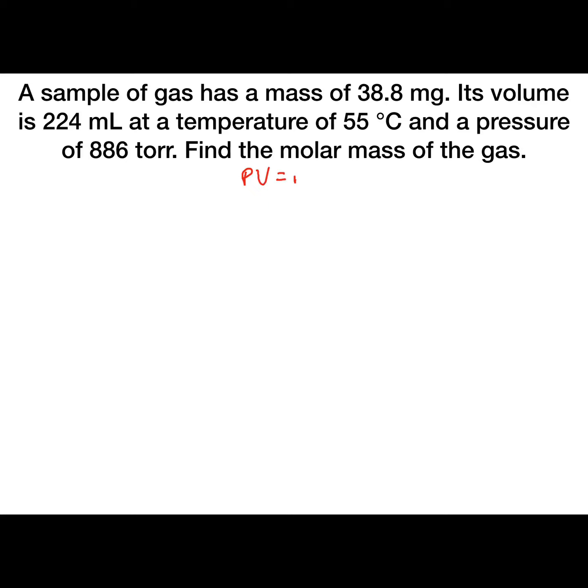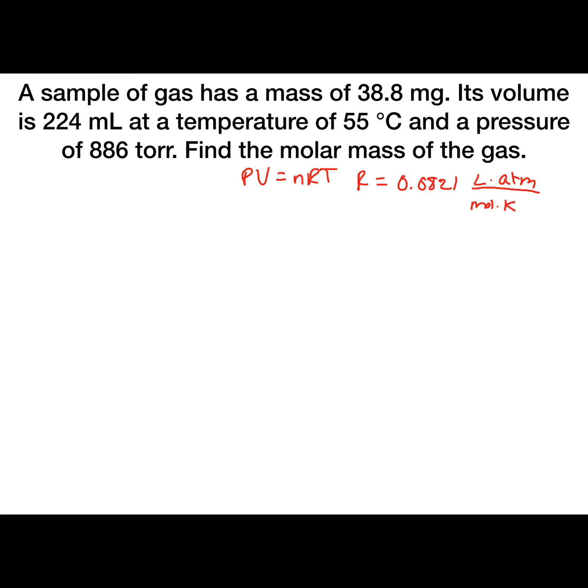PV equals nRT, where R is equal to 0.0821 liters ATM per mole K. Now, since this uses the constant of R, we need to have all of our variables in these different units.